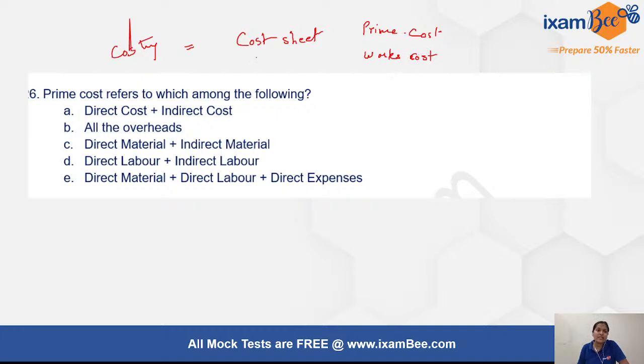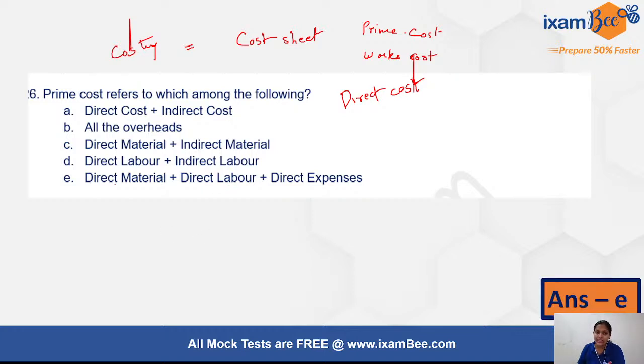So what is included in the prime cost? Prime cost is also known as the direct cost, which is directly associated with the manufacturing of the product or the service provided by the company. Prime cost is basically all the direct costs associated with the production.